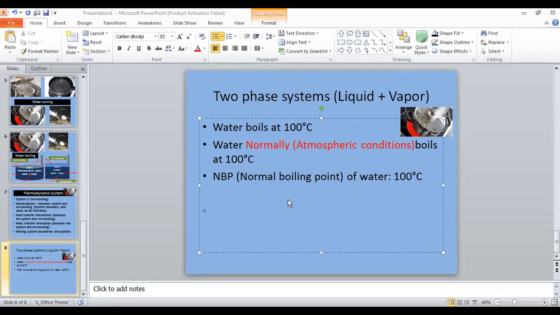Even in boiling, evaporation takes place, but boiling is something taken place forcefully.